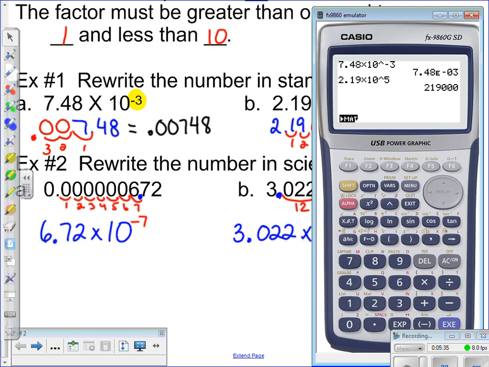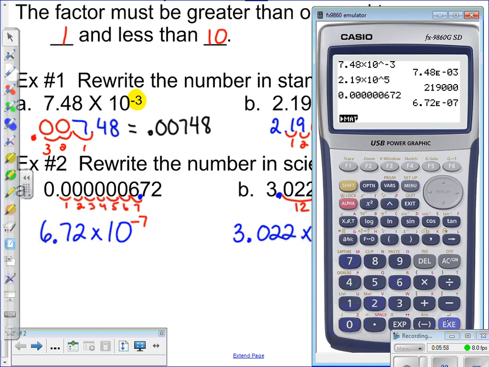Normally when there's only a few zeros at the end, the calculator will write it out. But if there's a few zeros in the front, it may convert it to scientific. See, if you look at A in example 2, you have 0.000000672.